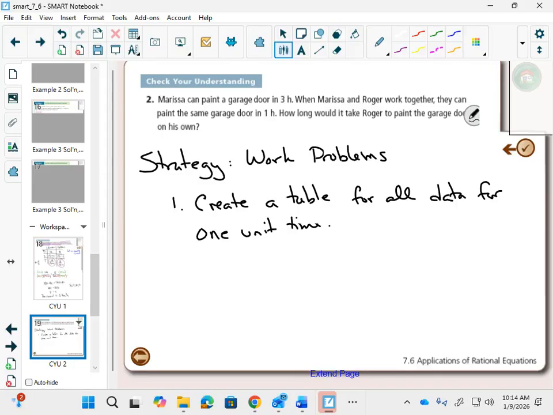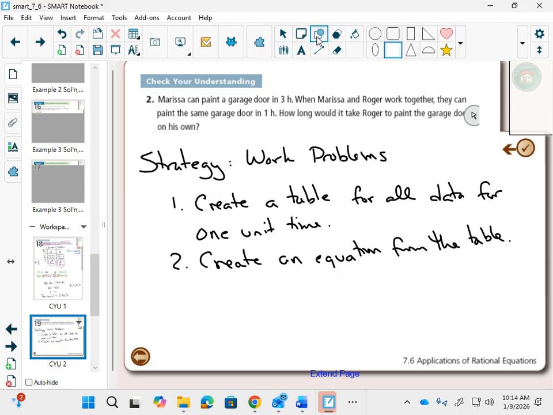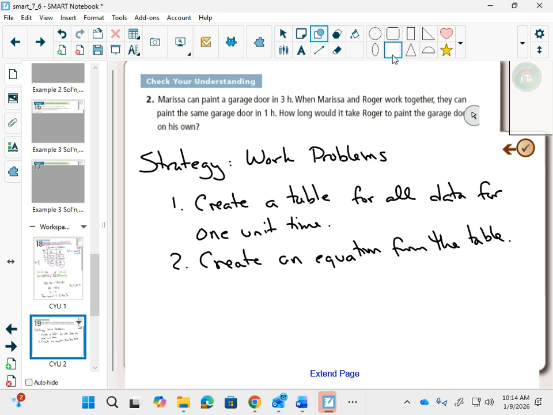So what we're going to do is create a table for all the data for 1 unit at a time, and then create an equation from the table. It's very similar to our distance, speed, time one, but the table is just a little bit different.